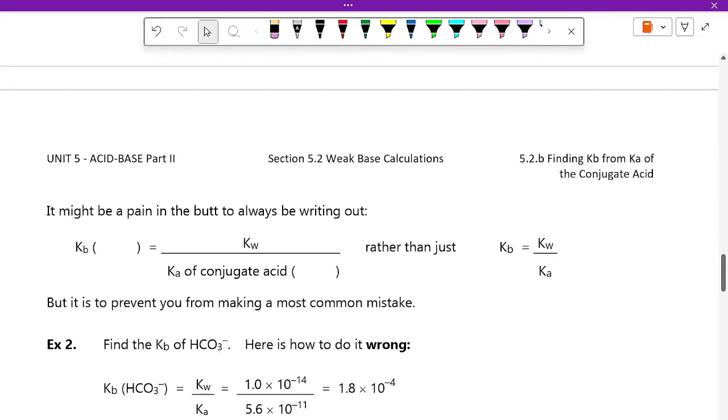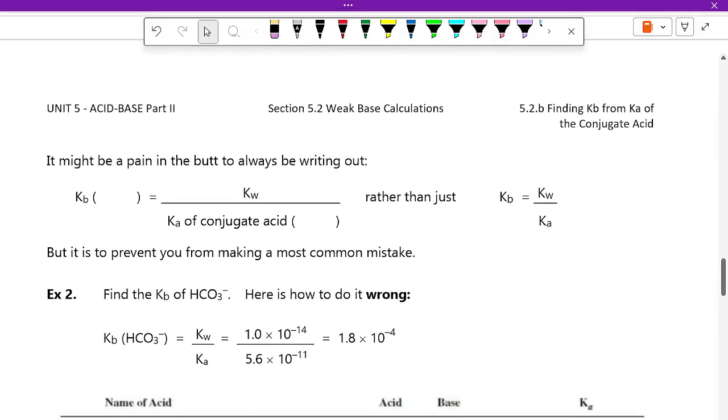So it may be a pain in the butt to always be writing out Kb of A minus is equal to Kw over Ka of the conjugate acid, HA, rather than just Kb equals Kw over Ka, but it prevents you from making this most common mistake. Let's find the Kb of HCO3. Here's how to do it wrong.